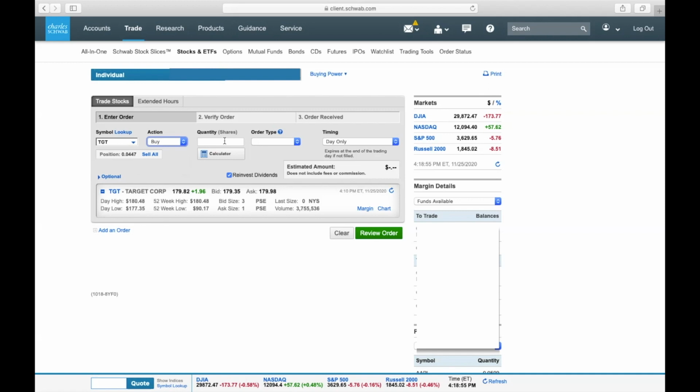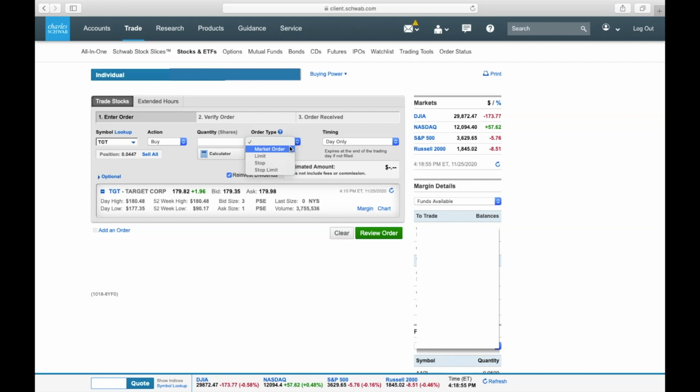Now, if I wanted to pay the price that everybody is asking right now, they want to sell Target at $179.98. People are offering to buy it at $179.35. The last time Target sold was at $179.82. I don't want to pay that. If I chose to pay that, I would put in something called a market order. That means I'm paying what the market is asking.